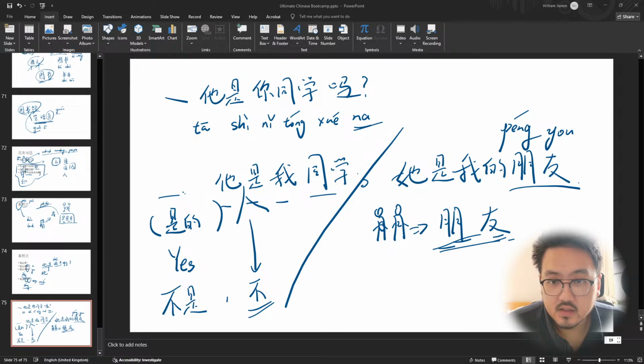Let's open file location. Okay, and how many pages is the exam?